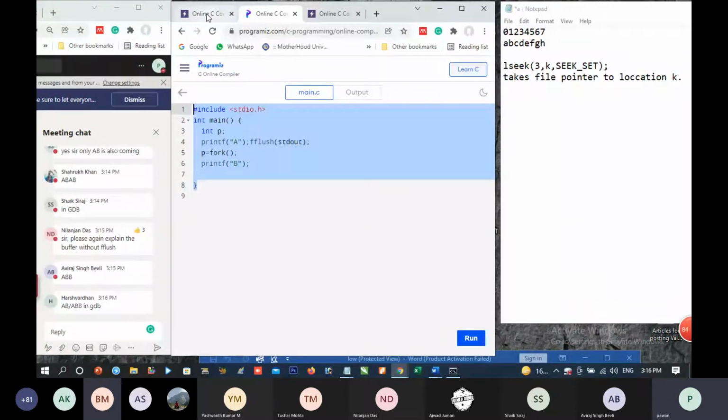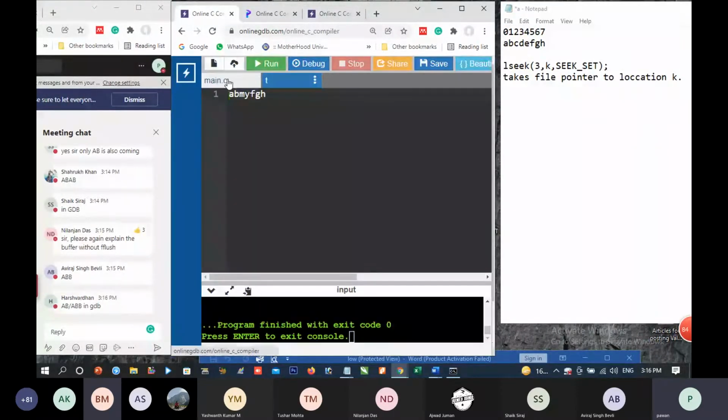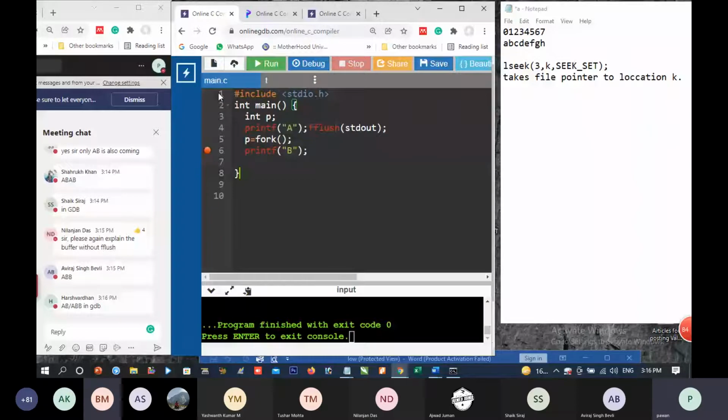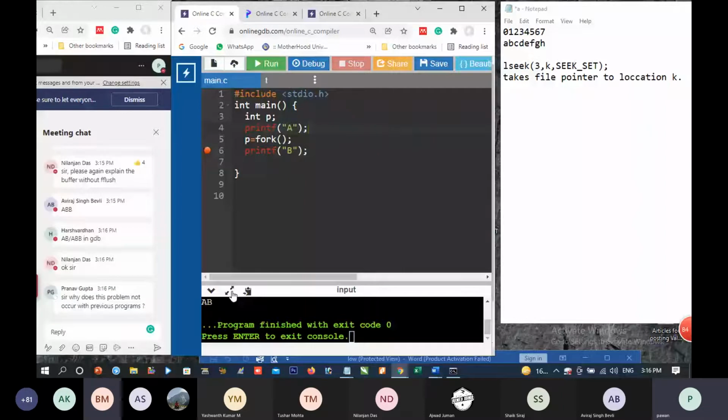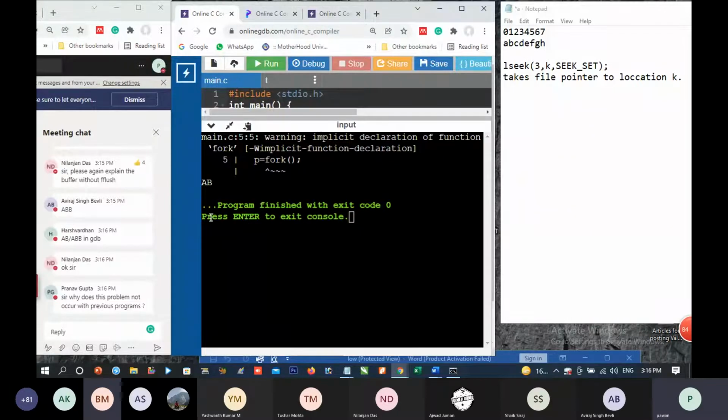Now, when we are using the GDB editor, then only AB can also come. You see here, only AB has come. Because in the previous program, \n was used.